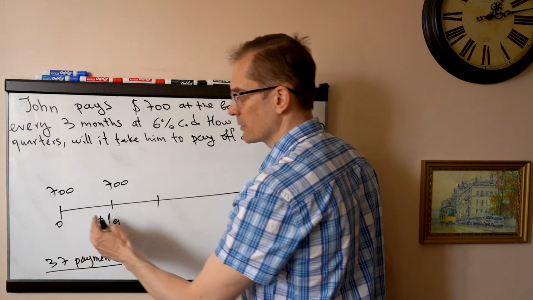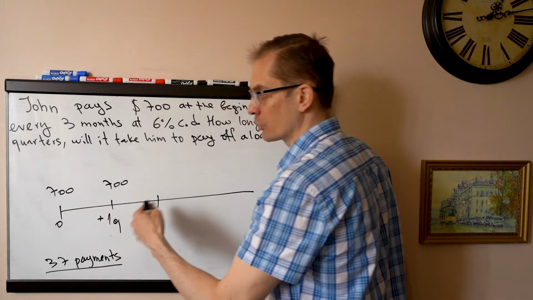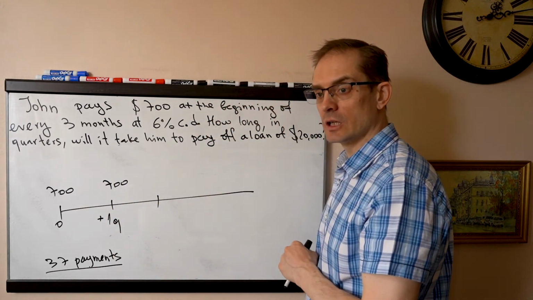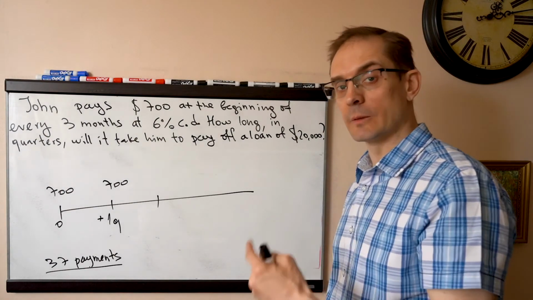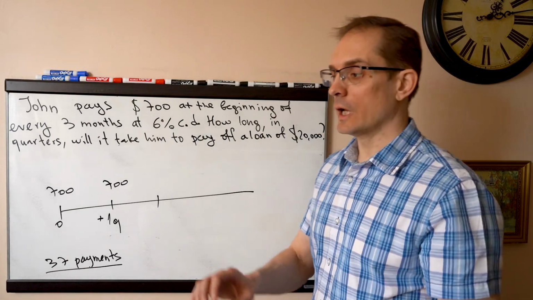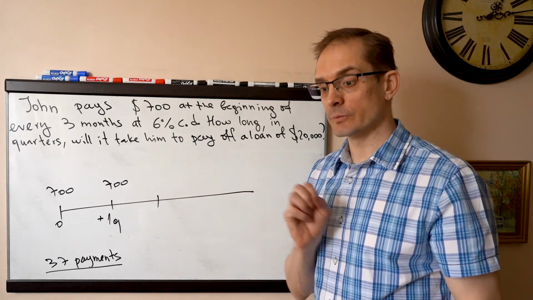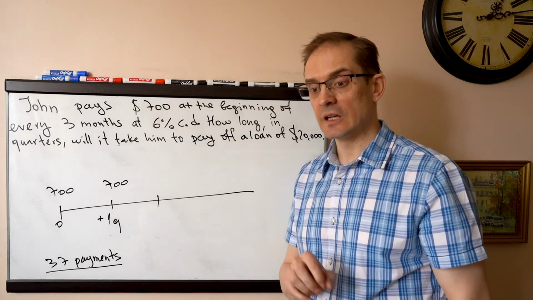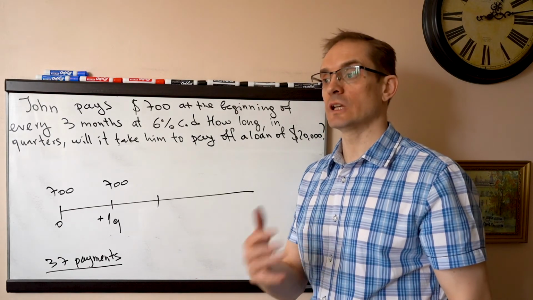So there are 2 payments, but in terms of time, it will take only 1 quarter, despite the fact that it's 2 payments. The reason for this is that this annuity is due. And in due annuity, the first payment is happening today. So that first payment, even though it exists, still doesn't count towards any time, because today is today, right?